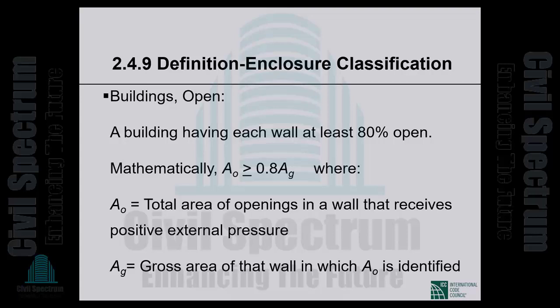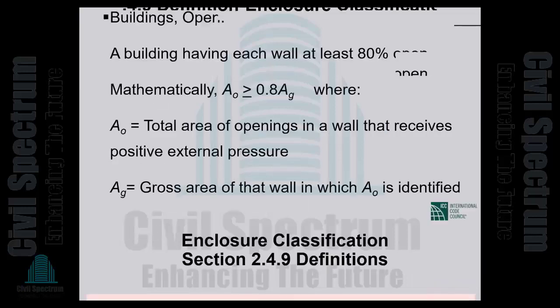Open building, partially enclosed building, and enclosed building. I gave you the definitions in principle. These are definitions in specific terms, in terms of how much windward opening, how much suction opening. I will let you read this.